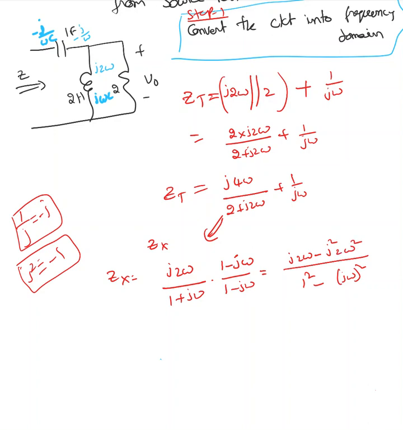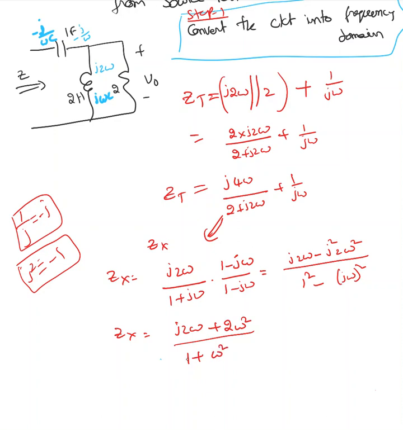I know that j square is nothing but -1, so Zx is j2 omega plus 2 omega square, divided by 1 plus omega square, because j square is -1, negative becomes positive.